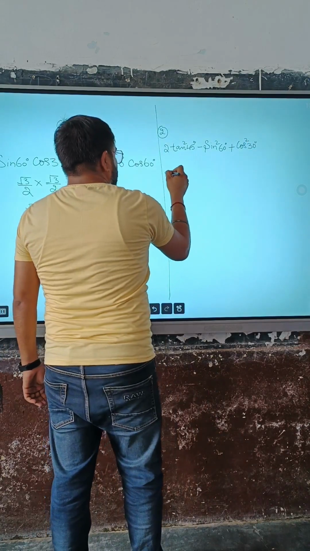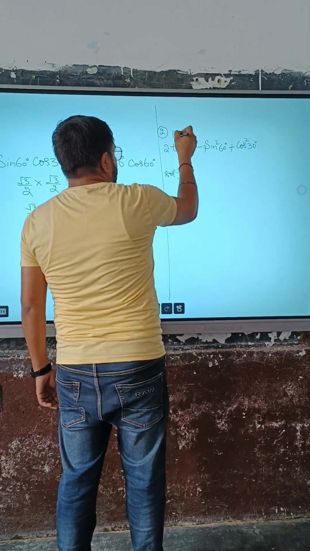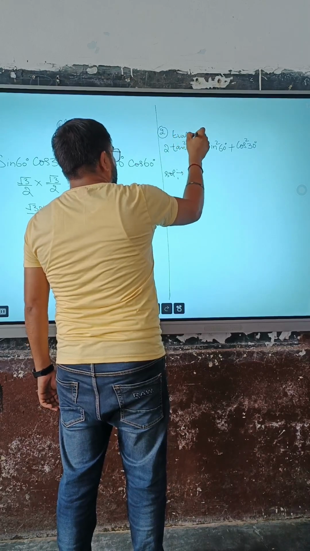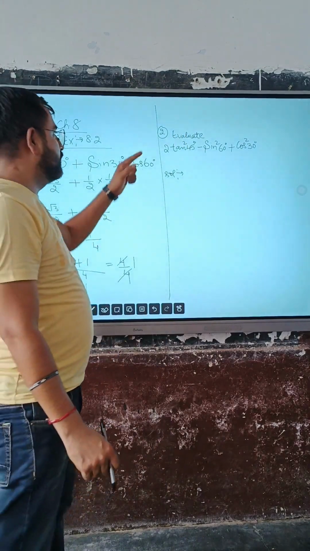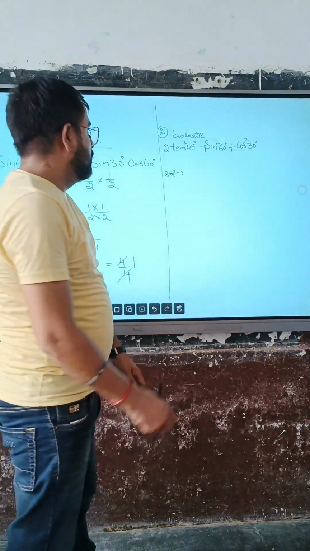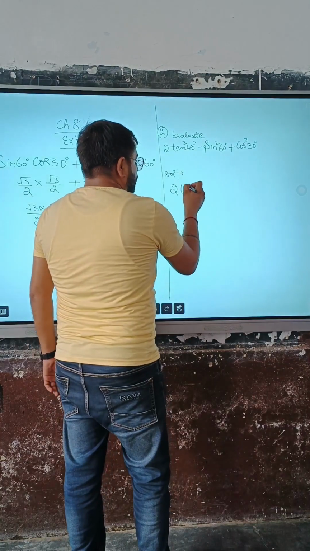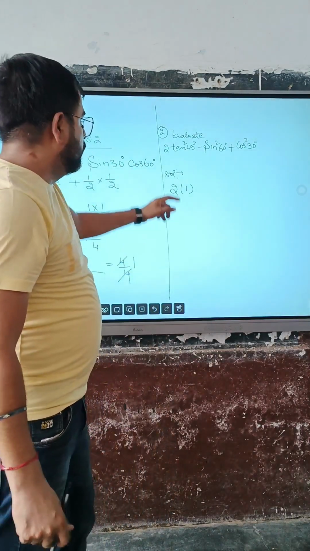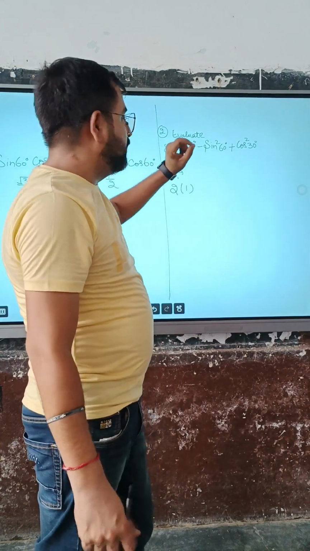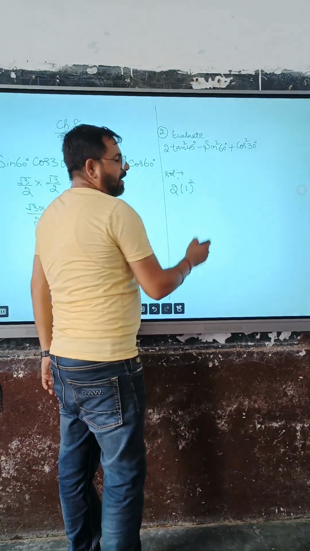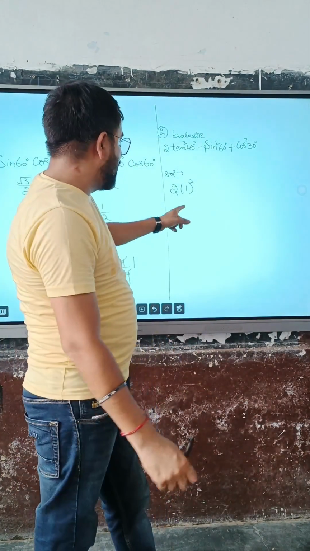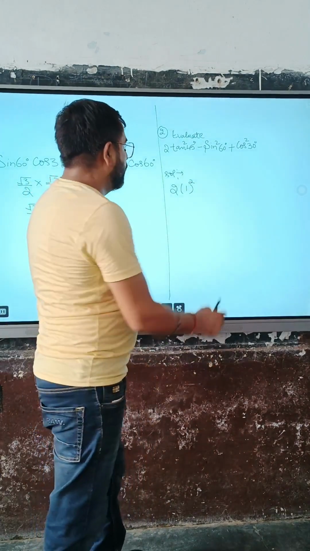So we have to evaluate this. What is the value of tan 45? Tan 45 is 1. Since there is a tan square, we have to square the value of tan 45, which is 1.